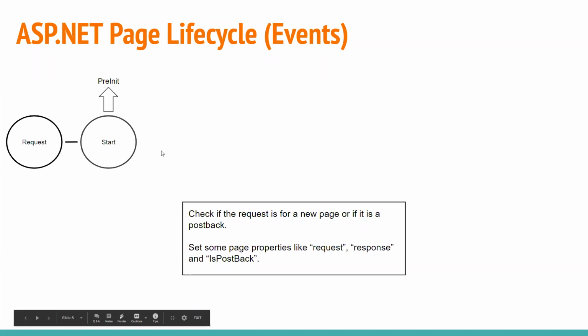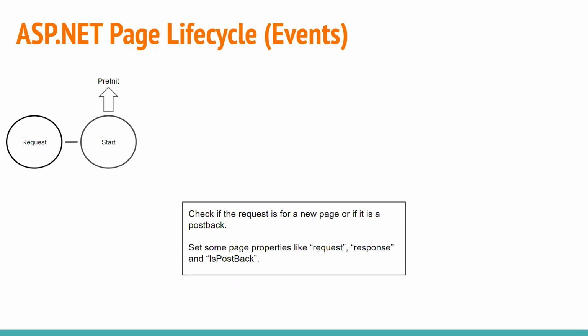So if you want to modify page properties, like what the type of the request is, what the type of the response is, if maybe whenever you get a post back, you just want to manually set is post back to false to make, like, I don't know, post backs impossible or something for some reason. In general, the pre-init event you won't use much, but it's important to know that it exists, okay?